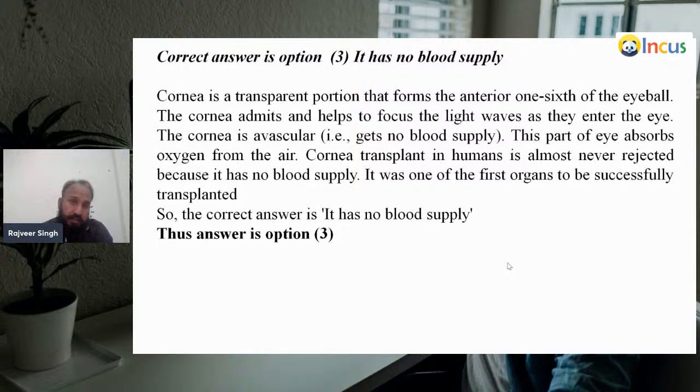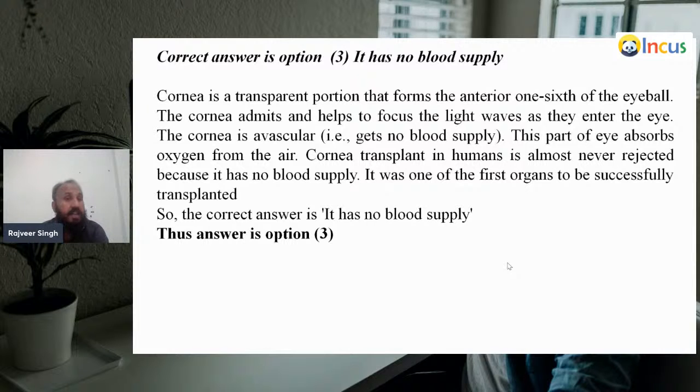Now, if I talk more about the blood supply of the cornea, the cornea is the transparent portion that forms the anterior one-sixth of the eyeball. It helps to focus the light waves as they enter the eye. The cornea is avascular, which means it gets no blood supply.